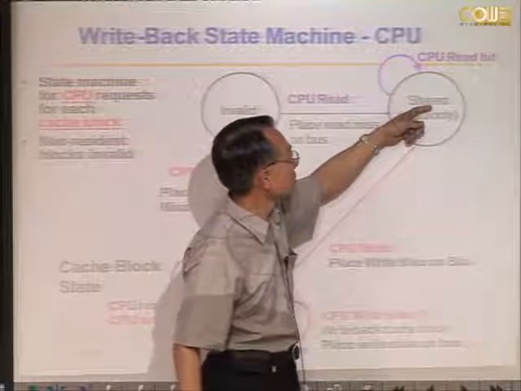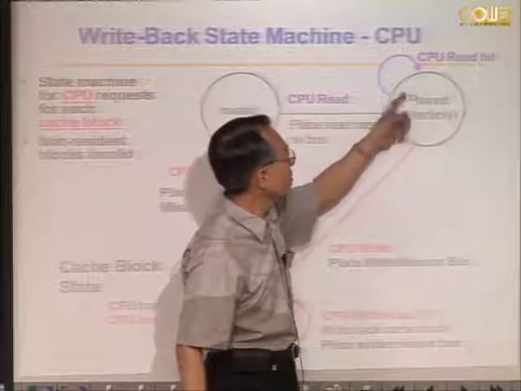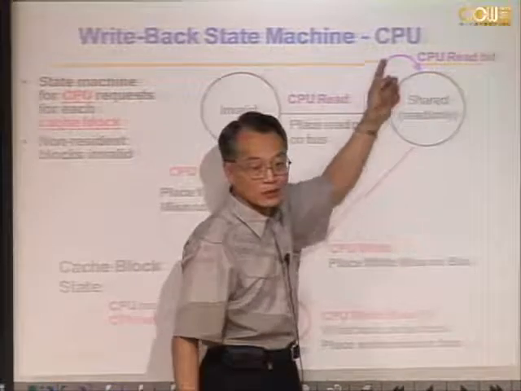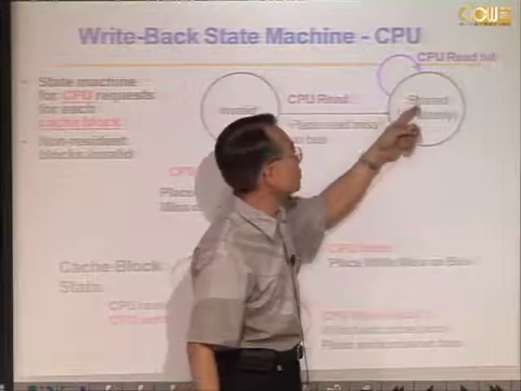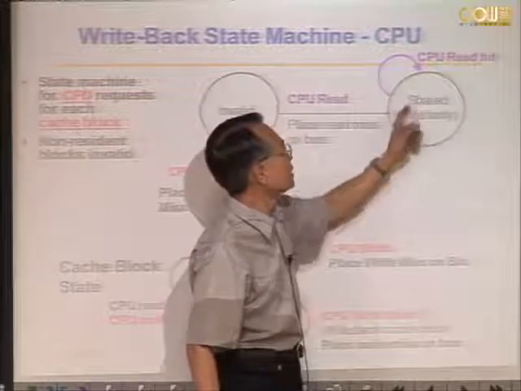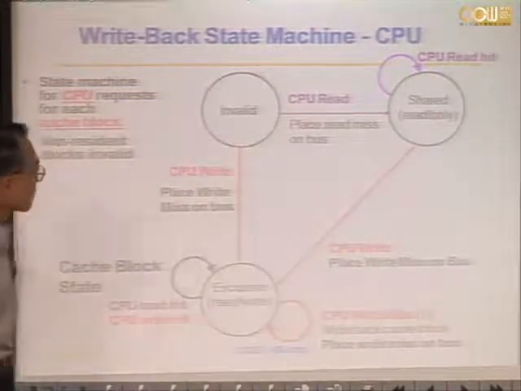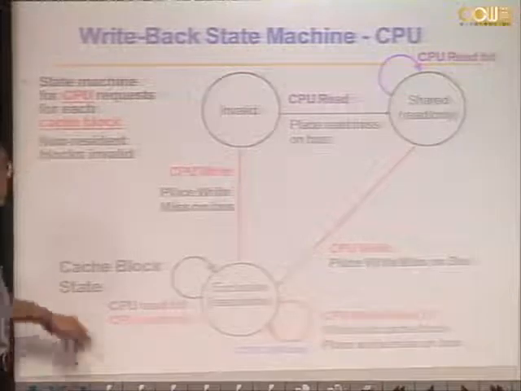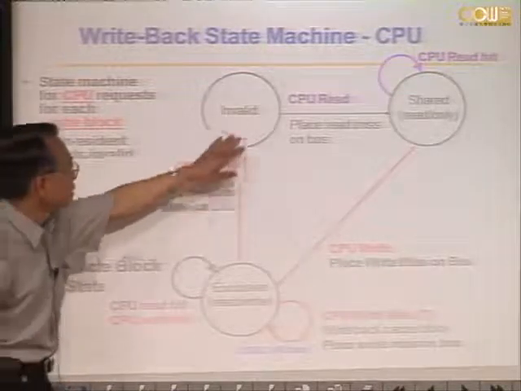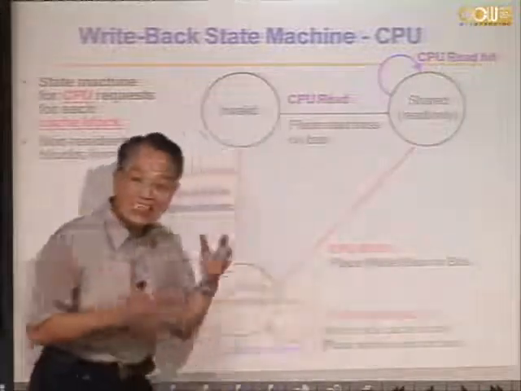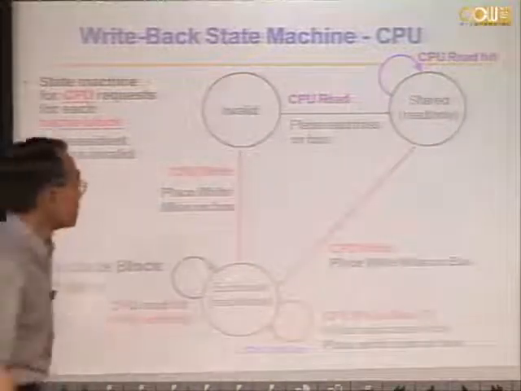state. From then on, no matter how many inside reads you want to have, you always do it internally and keep the cache line in the shared state. So you see CPU something, CPU something. These mean the internal activities.